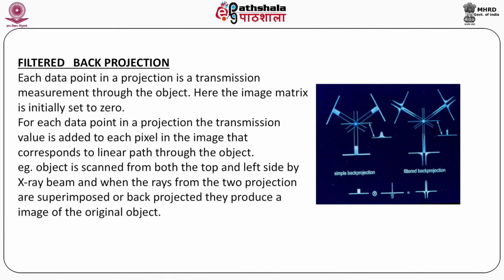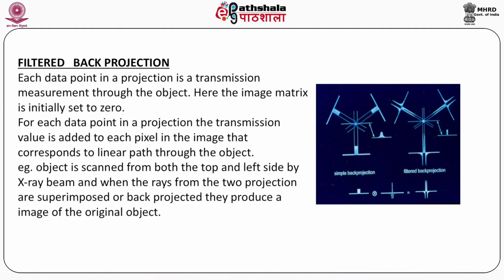Now the second reconstruction technique is simple back projection. Here each data point in a projection is a transmission measurement made through the object. Here the image matrix is initially set to 0. For each data point in a projection, the transmitted value is added to each pixel in the image that corresponds to a linear path through the object.